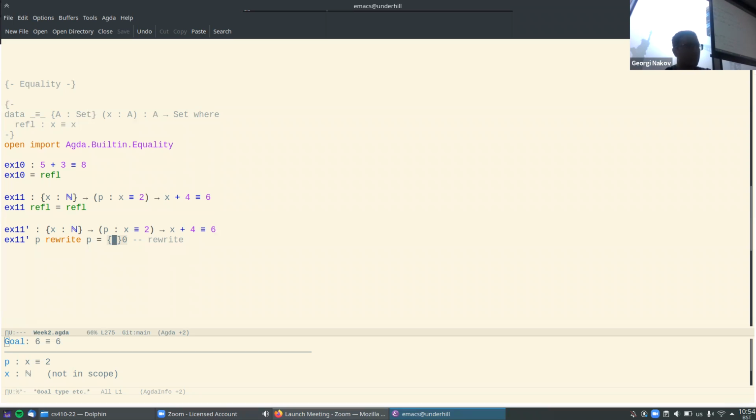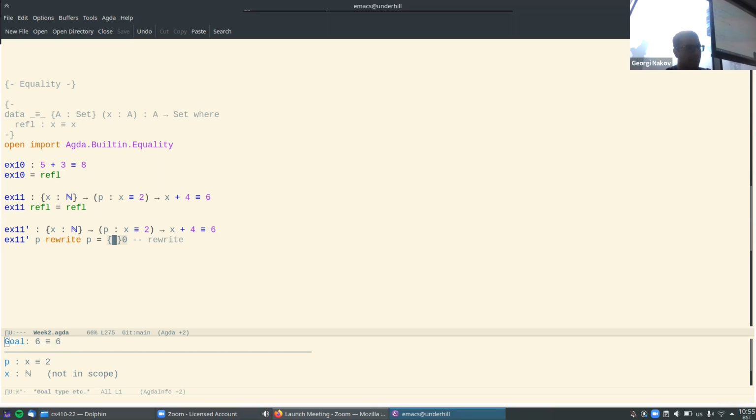So it is, in fact, for this simple example, exactly the same. But you'll often find that, yes, okay, so what just happened, we gave it a proof of x equals 2 and it turned the x into 2.